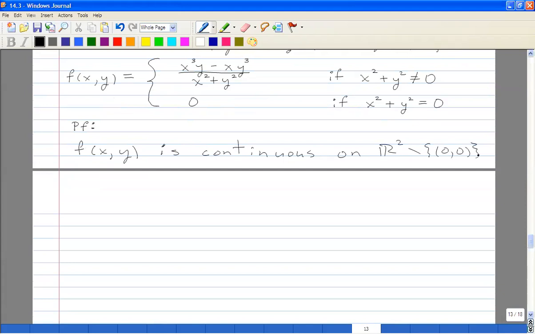So let's see what happens at the origin. So let's look at the limit as x, y goes to the origin of this.